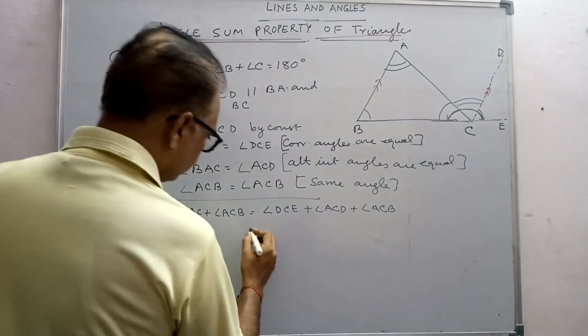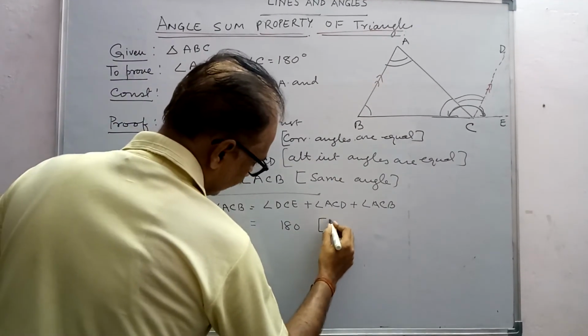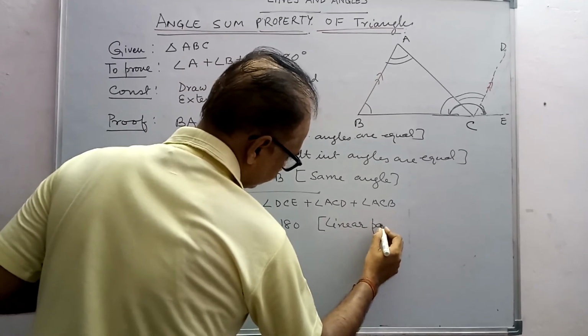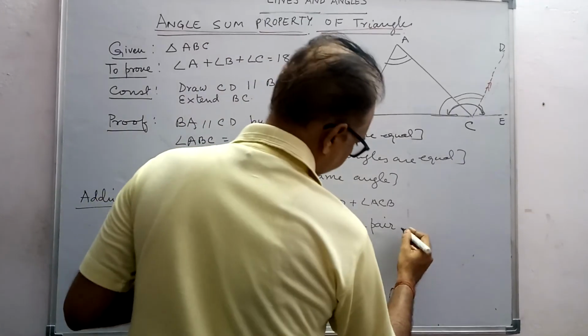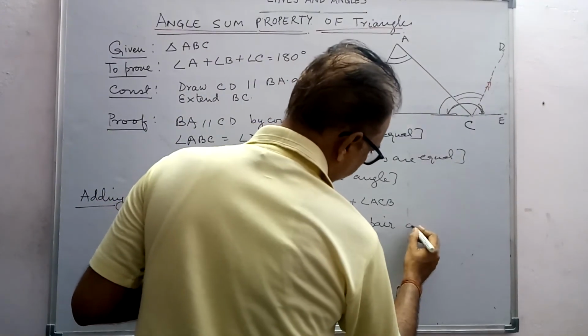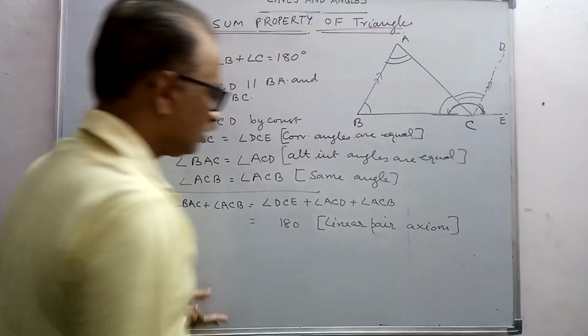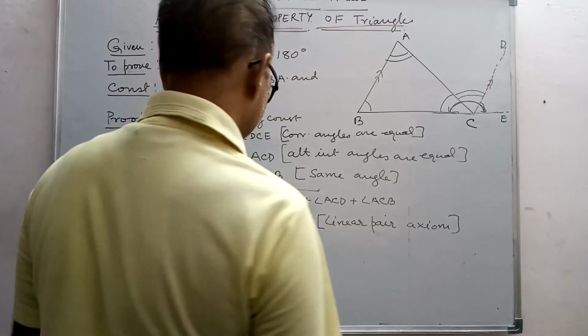So this is equal to 180 degrees because of the linear pair property, the linear pair axiom we call it. That means all the angles that are formed on a straight line, their sum is equal to 180 degrees.